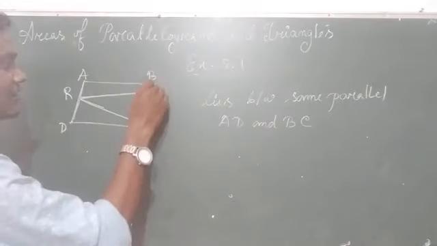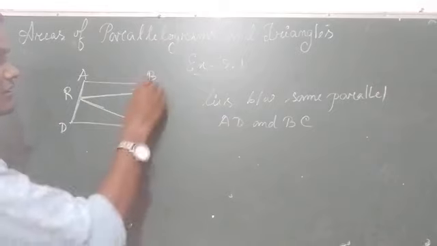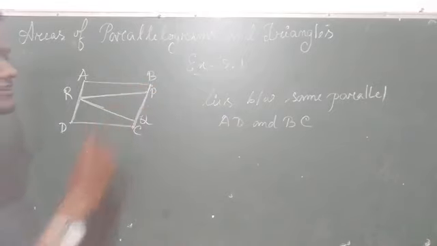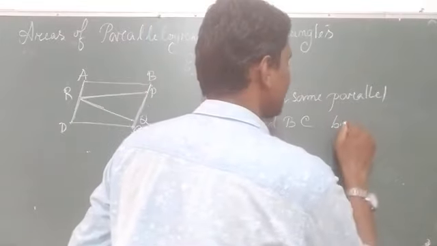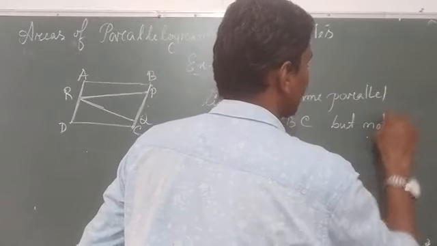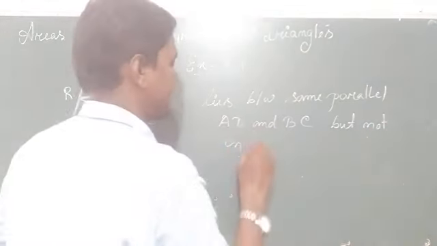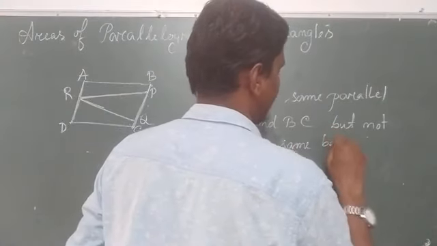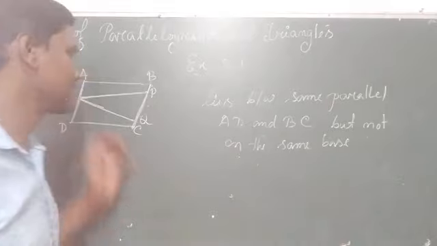Look at the base here: this is the base BC. Here the base is not the same, because from P to Q the base is different and BC is a different base. So they are not on the same base.